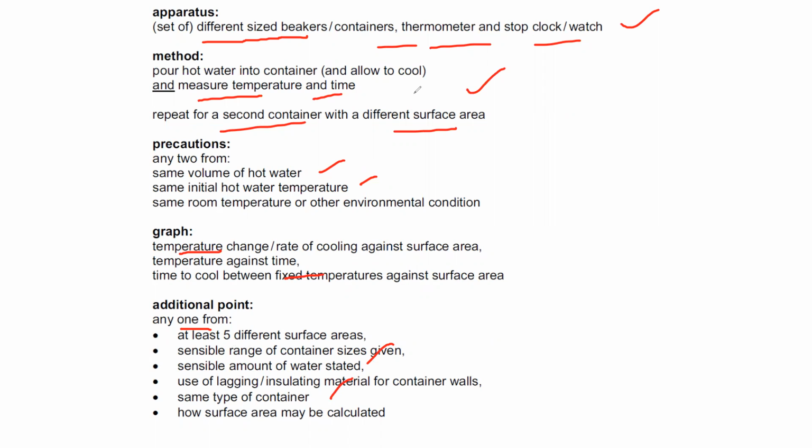They did not mention here about the thermometer touching the base of the container or looking perpendicular, but don't forget to mention them in a precaution, as this was an early question. Like in 2016, they used to write these things as precautions. But from 2016 onward, 17, 18, the precautions were not acceptable when you wrote volume of the water or initial temperature.